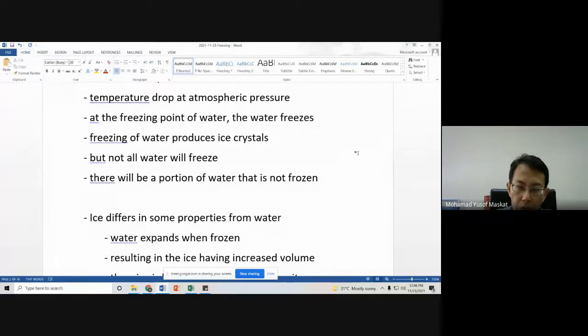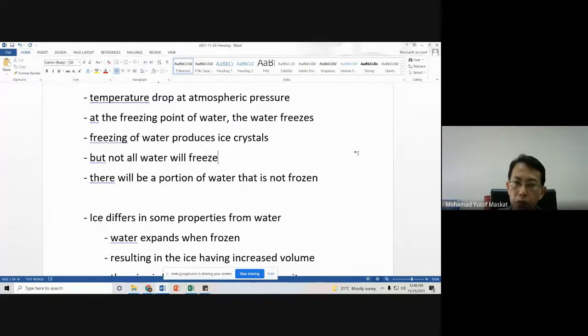That is when we say that it is frozen. Okay, but in foods, if it is pure water, then it is possible for all the water to freeze.